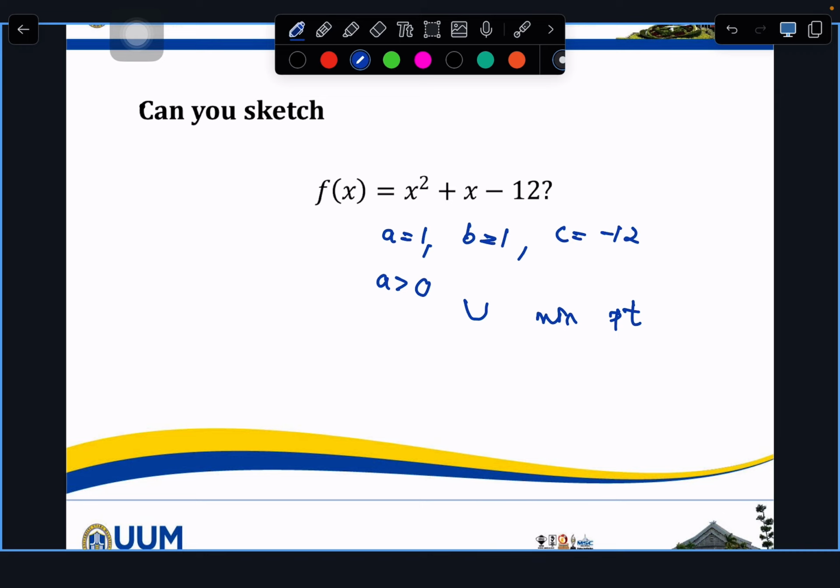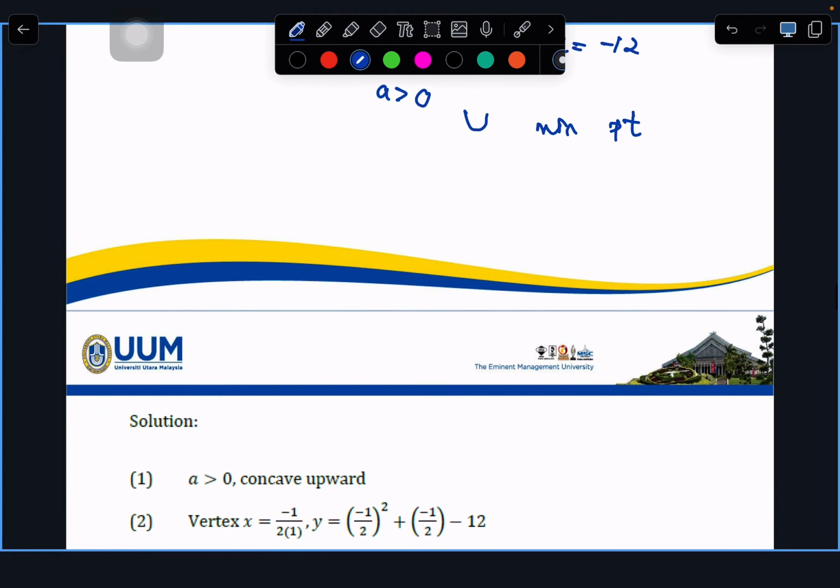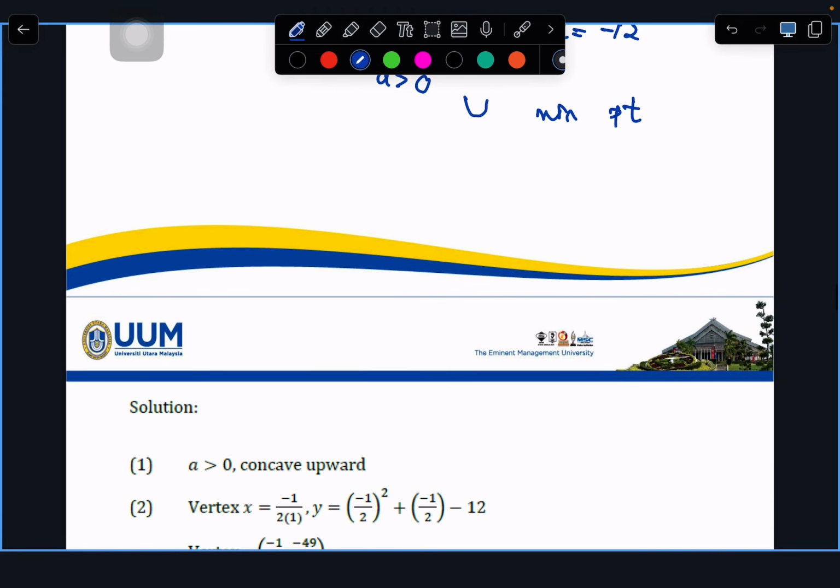The question is how to find the minimum point. We have a formula there. I cannot show you all one by one. This is concave up, the senyum one you said just now, and from the senyum one we should have a minimum point.